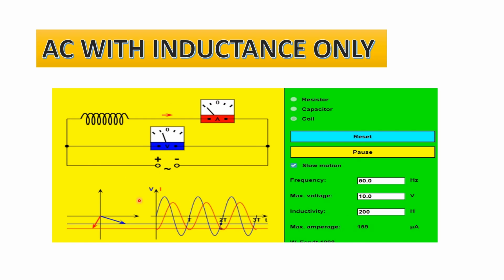They follow each other: they reach their maximum values together, reach the zero value together, and reach the negative values together. So the voltage and current are following each other.